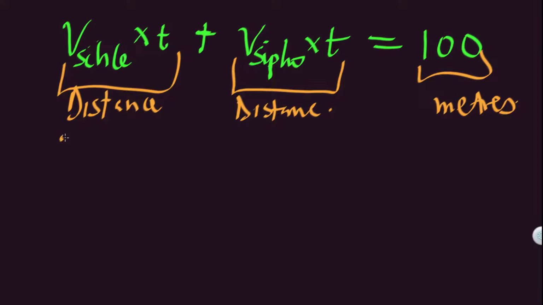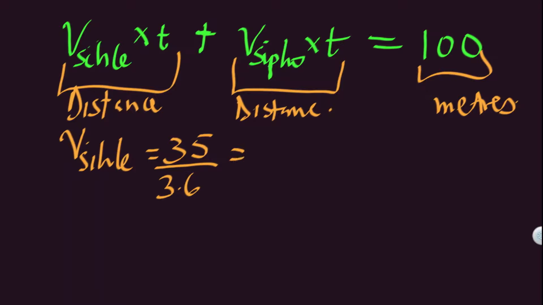So v for Sihle is equals to her speed in kilometers per hour, which is 35. We divide that by 3.6. We'll get her speed in meters per second. So 35 divided by 3.6. The answer is 9.722 to 3 decimal places, by the way. 9.722 meters per second. This is the speed at which Sihle is traveling.